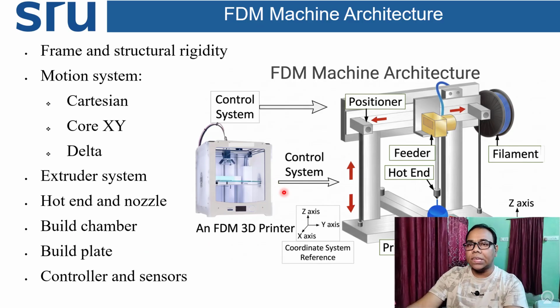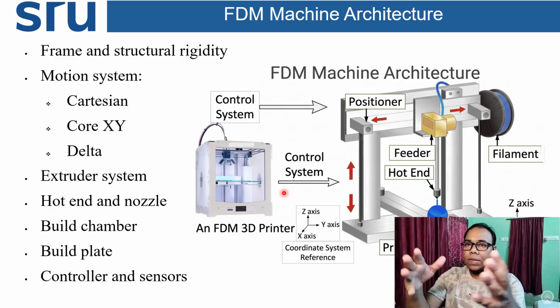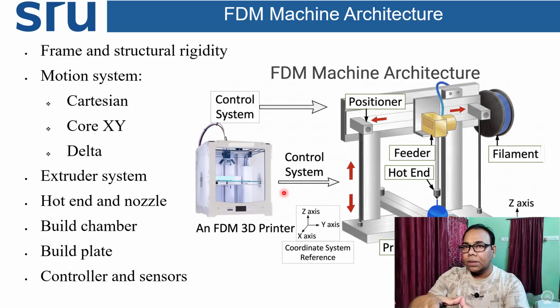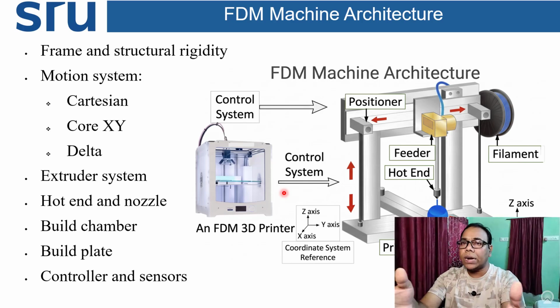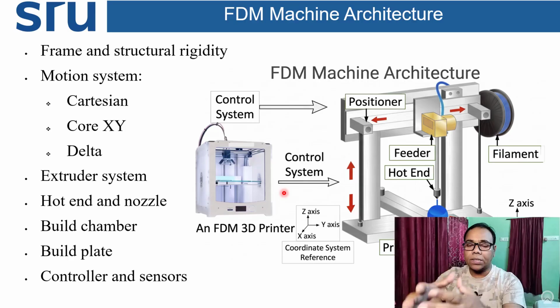Similarly, the building chamber. The building chamber is nothing but the volume of the entire 3D printing machine. Sometimes we have seen that our required product volume is bigger than the 3D printing machine's build volume or build chamber. In that case, we can't print. So for that case, we have to scale down our design model itself, so that the design model will fit inside the maximum volume of the 3D printing machine, or the build chamber dimension.